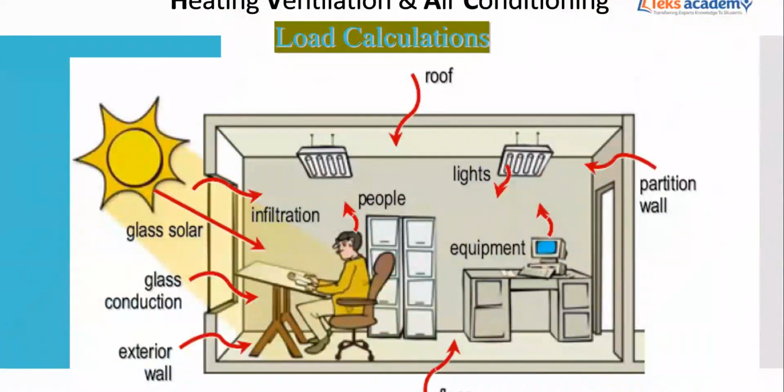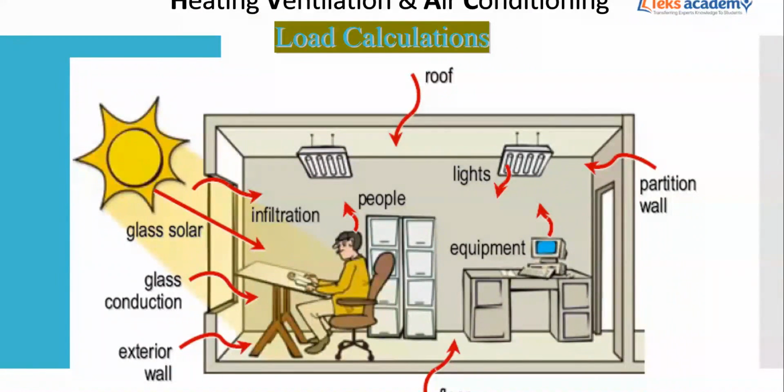Now, for heating, ventilation, and air conditioning, load calculation is the concept, and the best example is this image. We only think that solar energy is the heat to earth, but there are different heat energies with different percentages that generate heat.